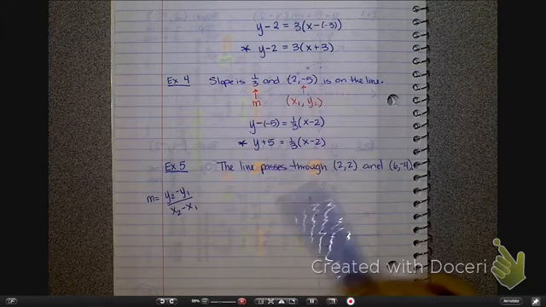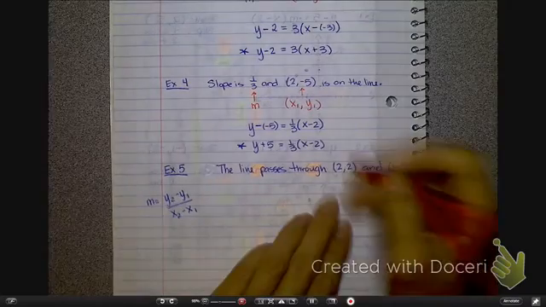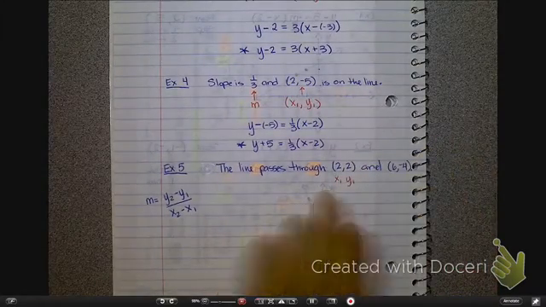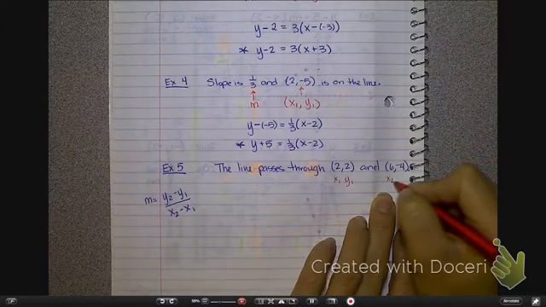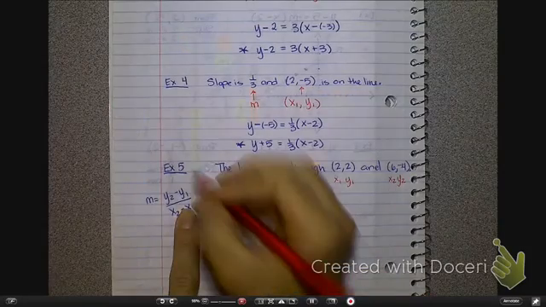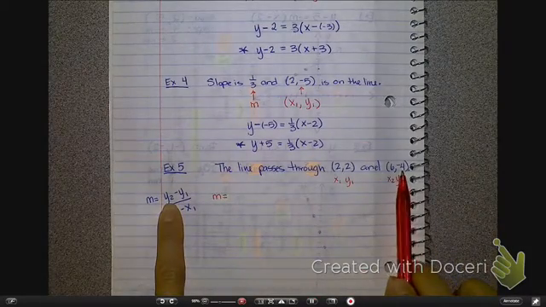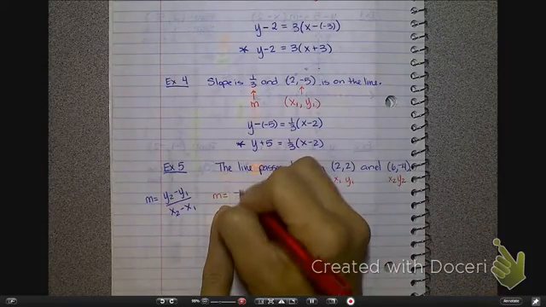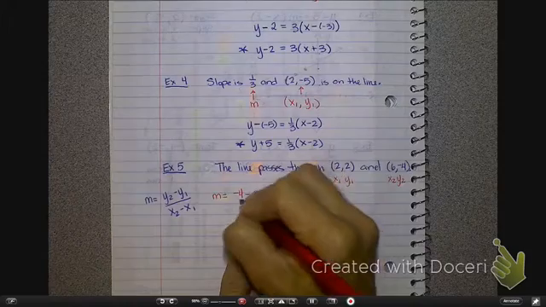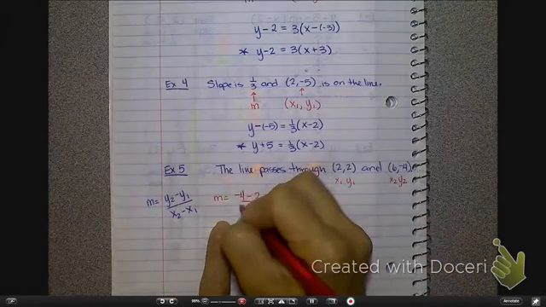Okay, so let's label these ones. Let's call this one x1, y1. Let's just call this the first ordered pair. And let's call this one over here x2, y2. And let's find our slope, okay? So our slope is going to equal y2, what's y2? Negative 4 minus y1, what's y1? 2, divided by x2, what's x2? 6 minus x1.